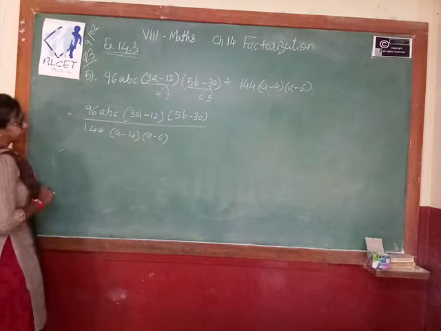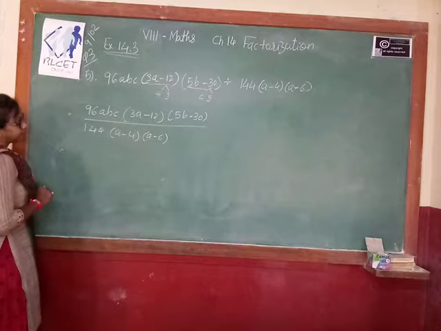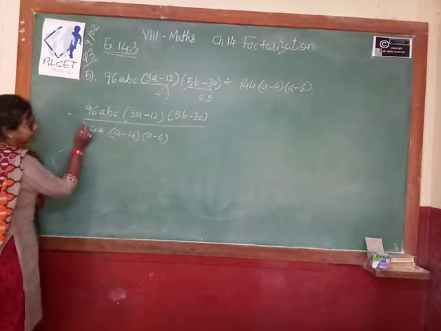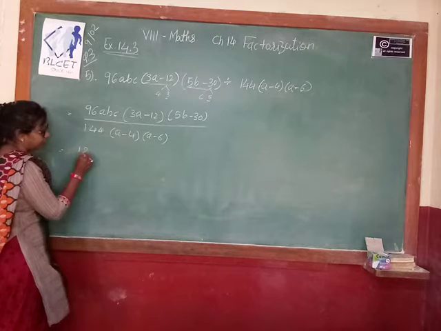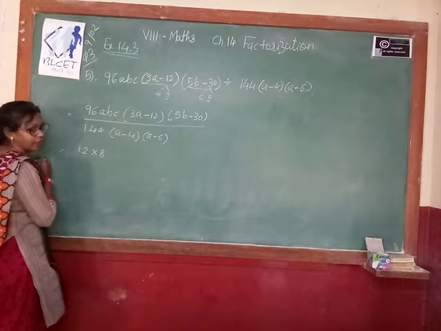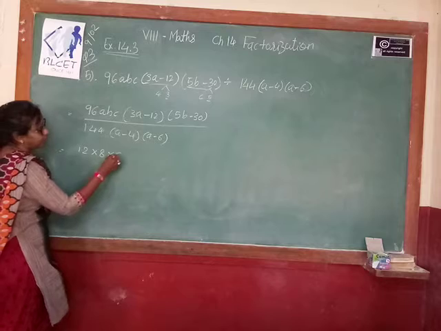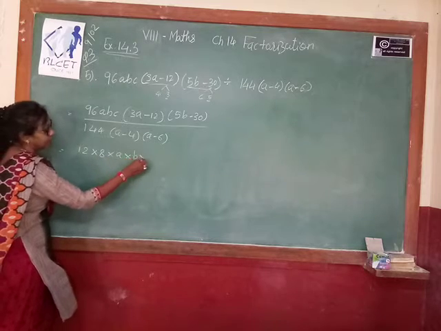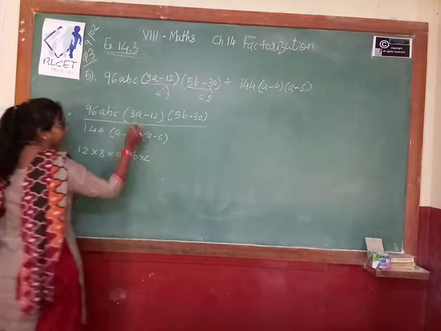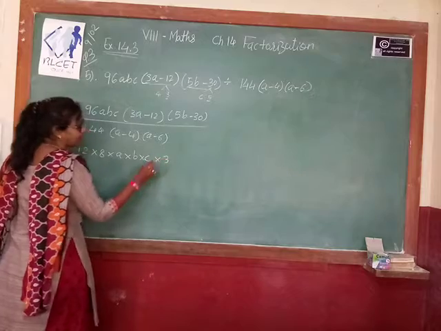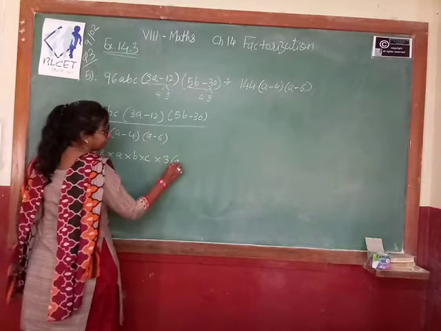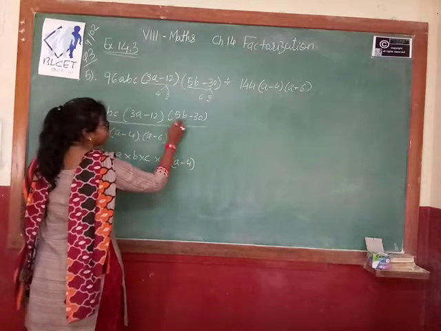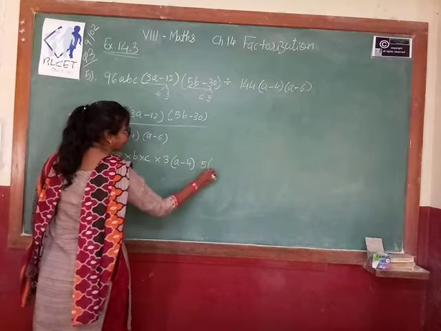So 96, it is 12 into 8 if you do the factors, into a into b into c. From here we are taking 3 as a common. So what is left? a minus 4. From here we are taking 5 as a common.